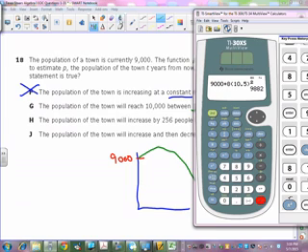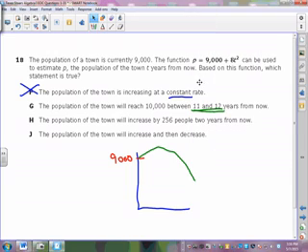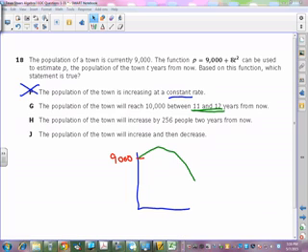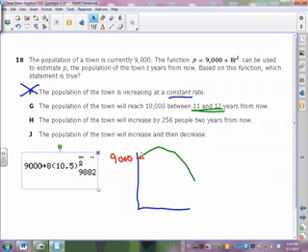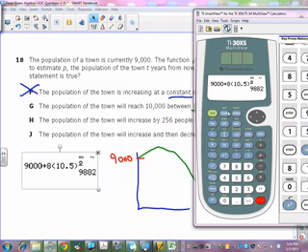Between 10 and 11 years, the population will be that amount. Well, it's between 11 and 12 years. Let's go back and make that 11.5.